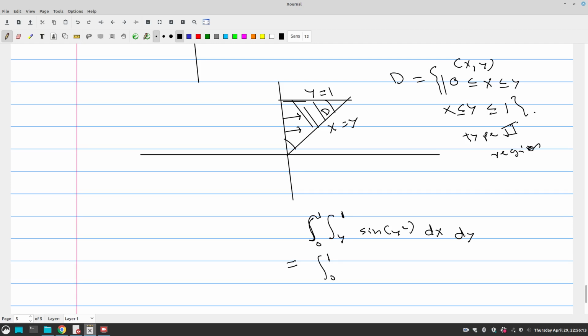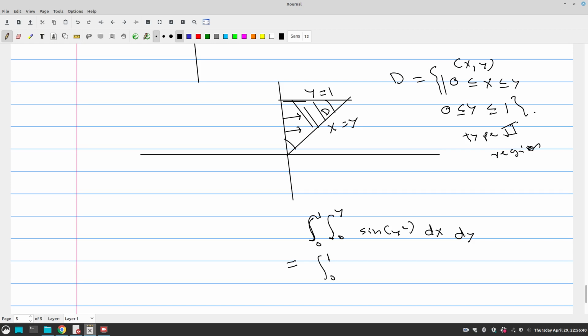This is actually x equals, x has to go from 0 to y, and y has to go from 0 to 1.